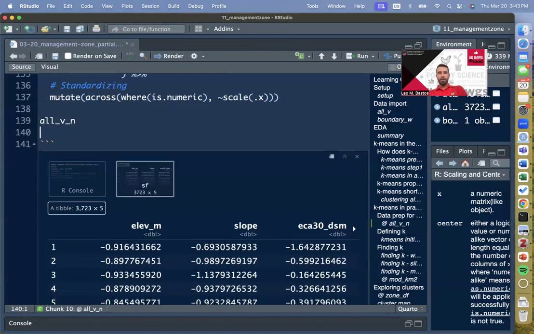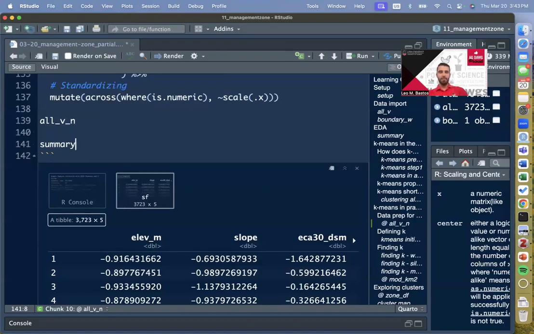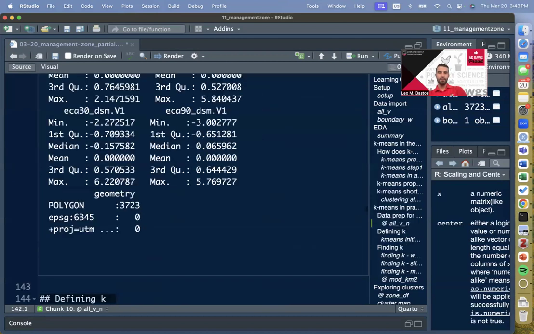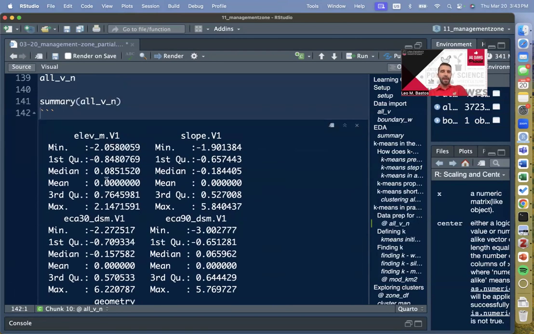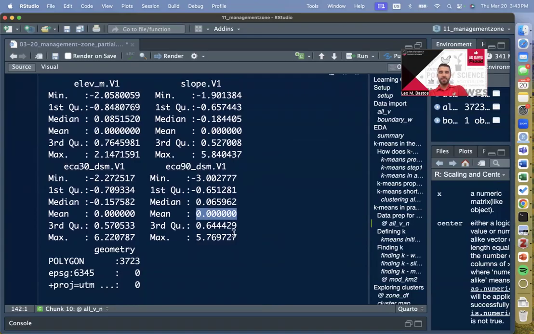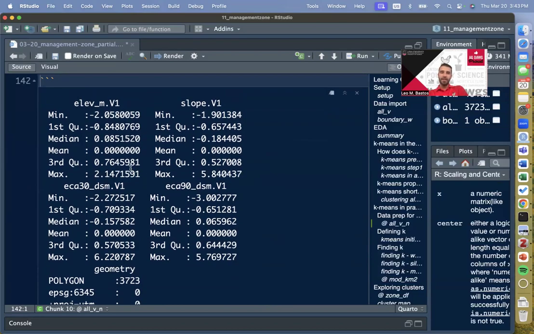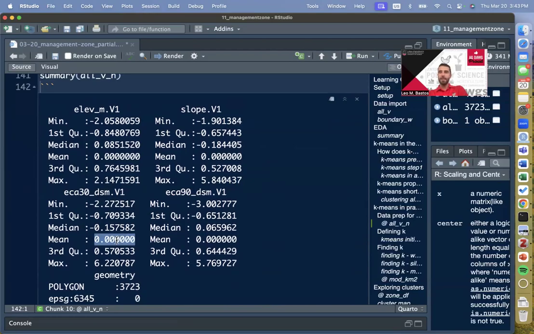I don't think I have the code here, but we can just check a summary. So now if you check the summary of all vn, notice that for all of them the mean now is 0 because it's being mean centered. And the standard deviation and the minimum and maximum values are just according to that standard deviation of each one of those columns. So now you can see that these variables are going to have the same impact on the clustering algorithm because their magnitude is not playing a role here.